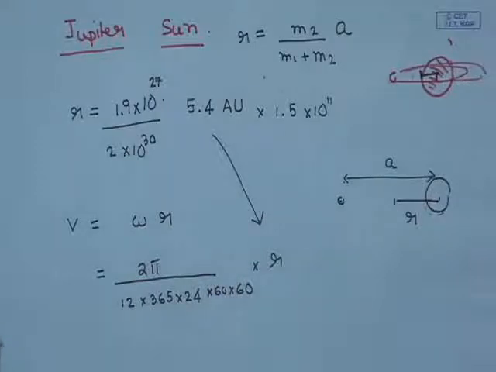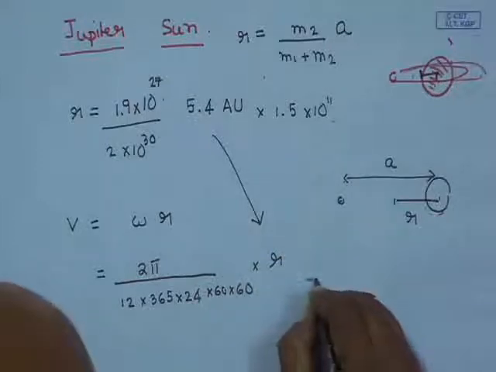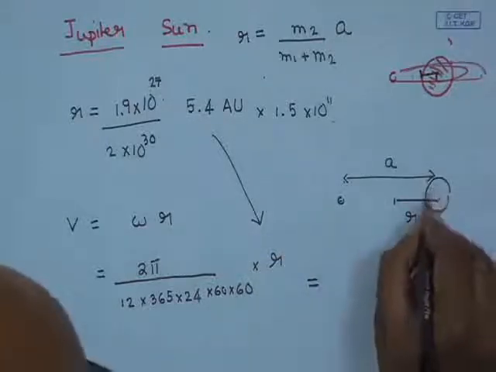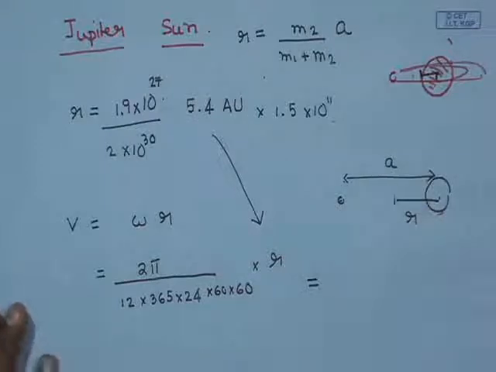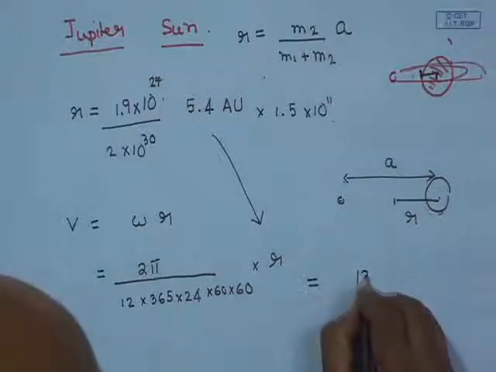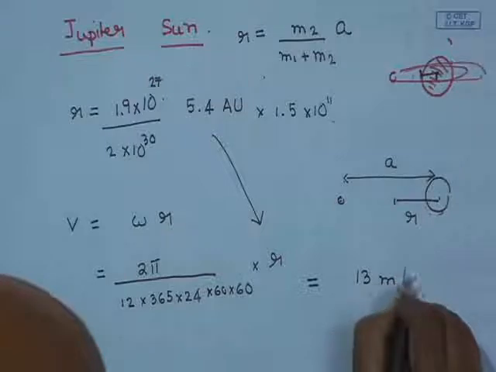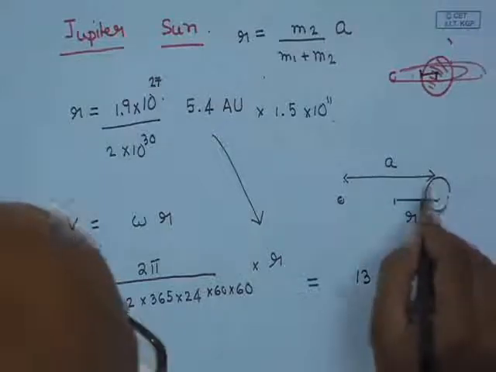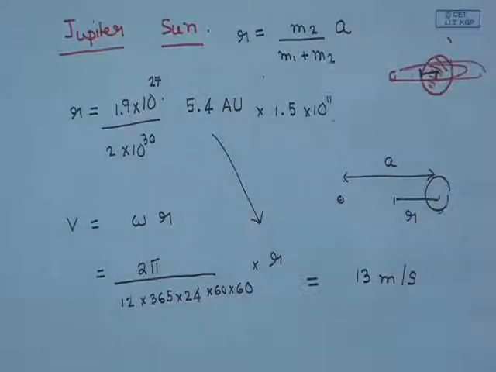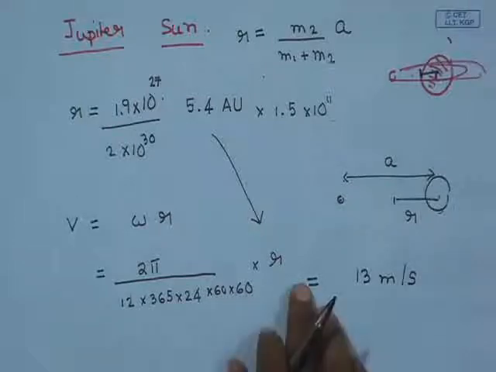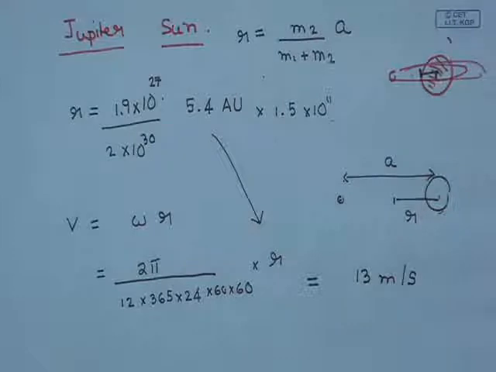If you put in all the values, which I have given here, you will find that the velocity of the Sun comes out to be 13 meters per second. So, the Sun is going to do a circular orbit around the center of mass with a speed of 13 meters per second.